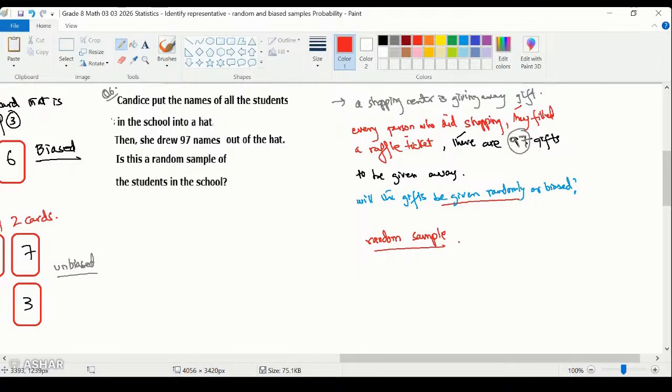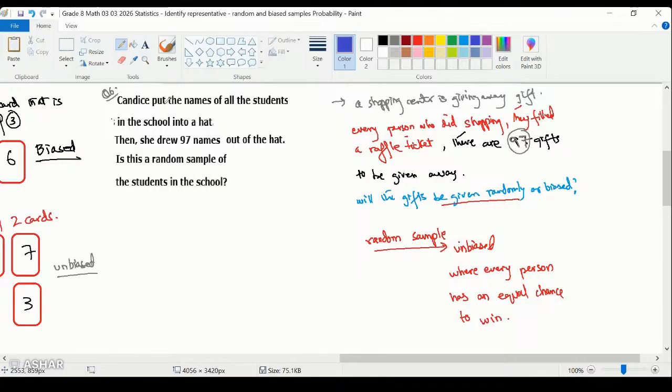They can win two gifts, they can win three gifts, right? So it is a random sample, which is unbiased. Random sample means unbiased, where every person has an equal chance to win, right? Whoever put in the raffles, right? Let's go to question number 6.